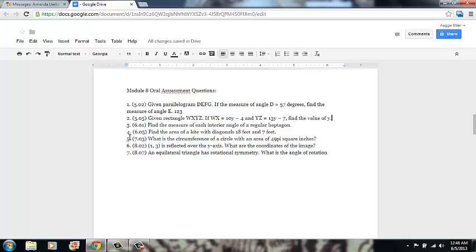For problem number 3, find the measure of each interior angle of a regular heptagon. The interior angles of a heptagon add up to 1080, I believe. Let me think for a second.